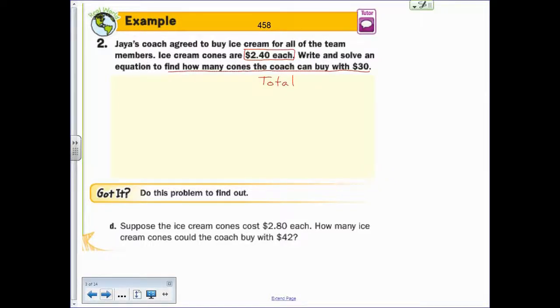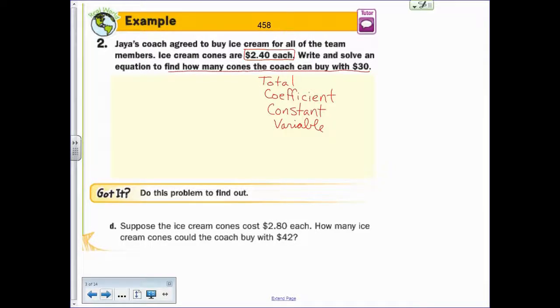We could be looking for a coefficient, which would be a number that's going to be multiplied times our variable. And we could be looking for a constant, which is a number that's going to be added or subtracted to our variable. And then, of course, we need to find our variable. And in these problems, the variable is going to be the thing that we're looking for.